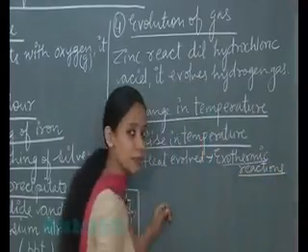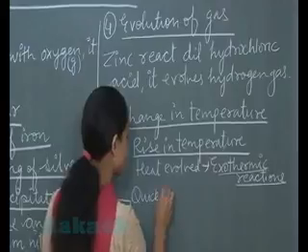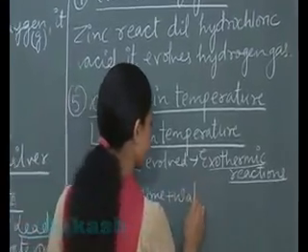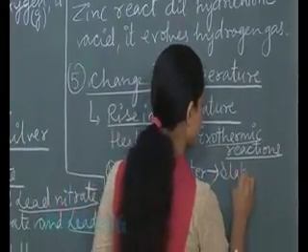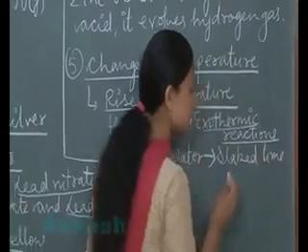Let us see an example. If we have quicklime and react it with water, it gives us slaked lime. And students, when we touch the bottom of the beaker, it turns warm.